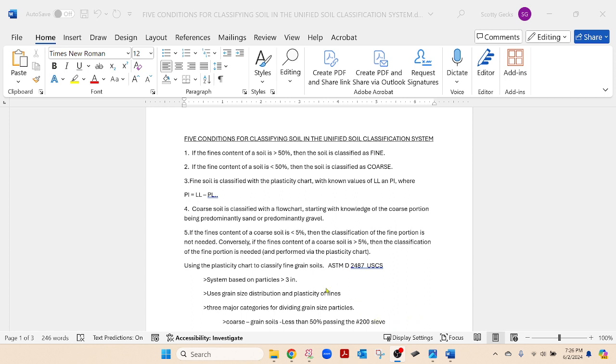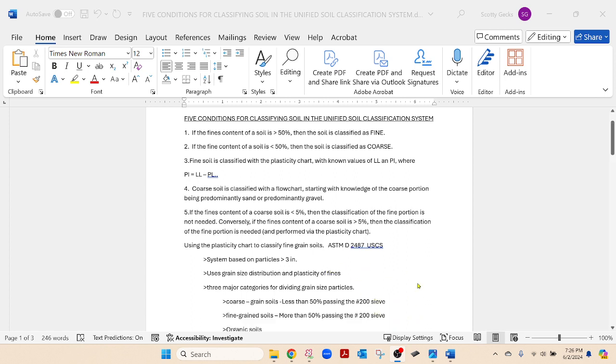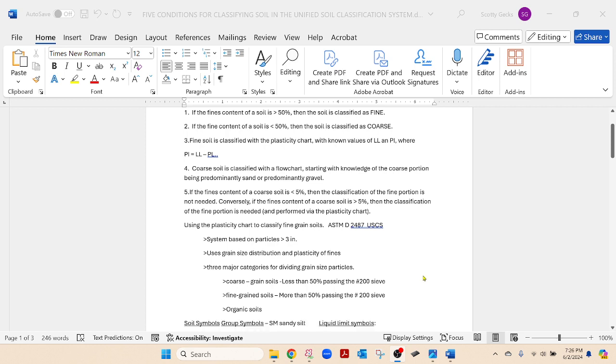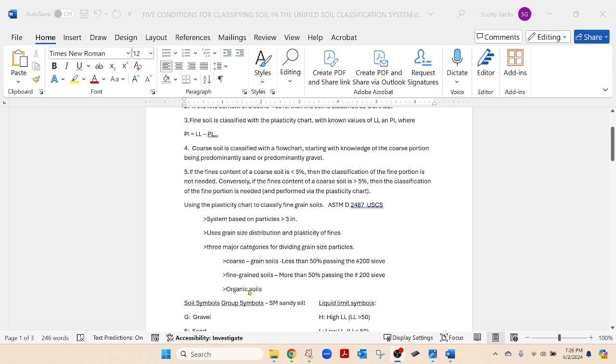The 3 major categories for dividing grain size particles are: greater than coarse, coarse-grained soils, with less than 50% passing the number 200 sieve; fine-grained soils, with more than 50% passing the number 200 sieve; and then there are organic soils.